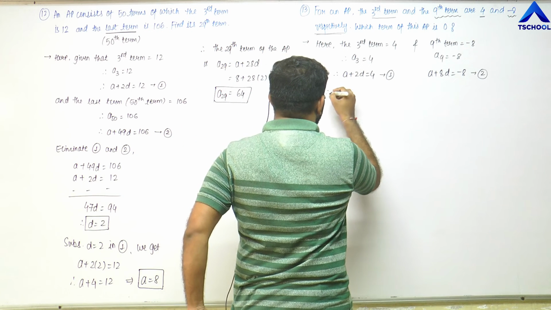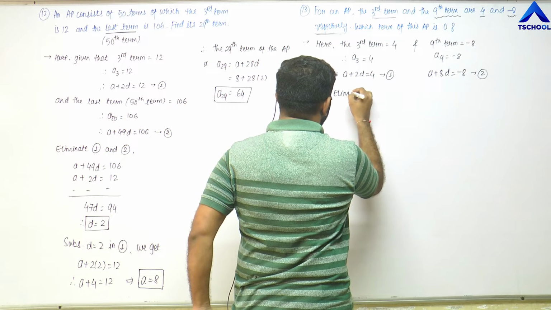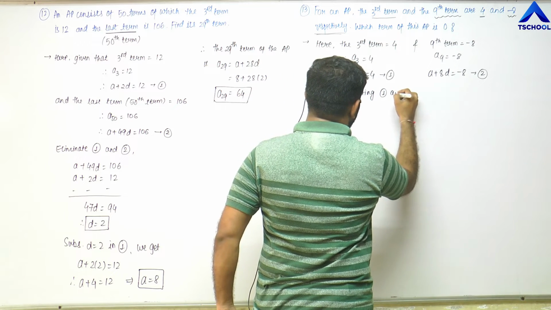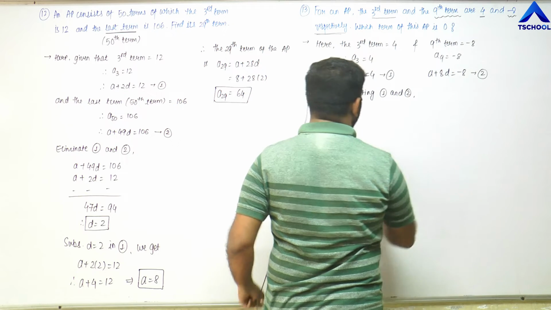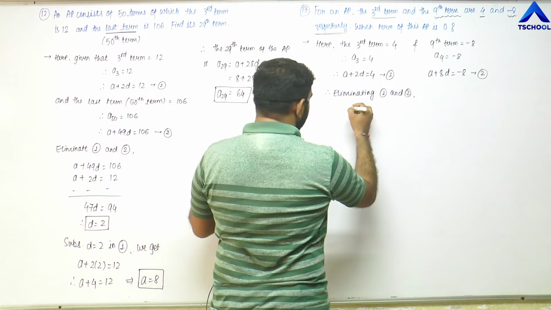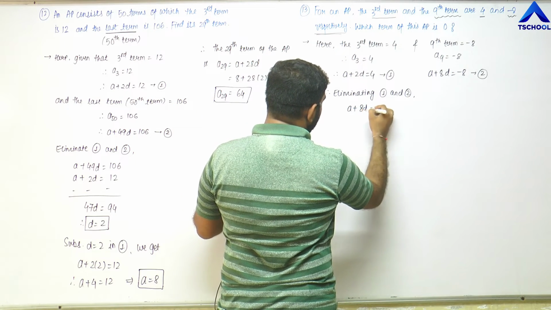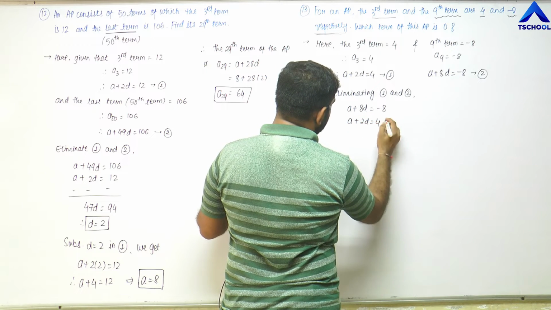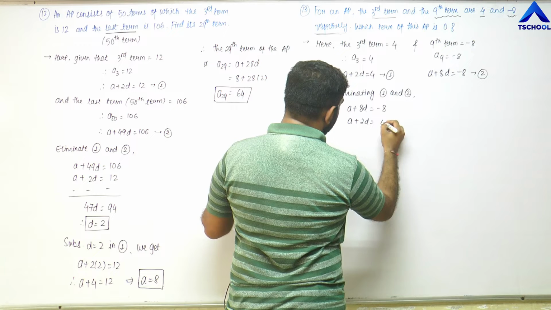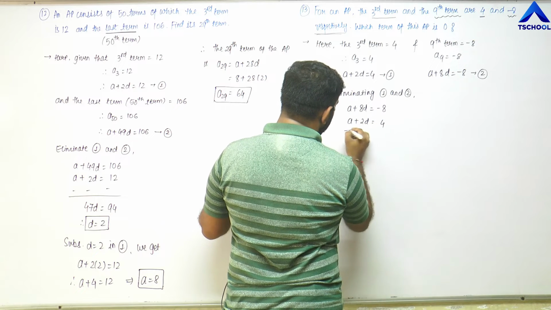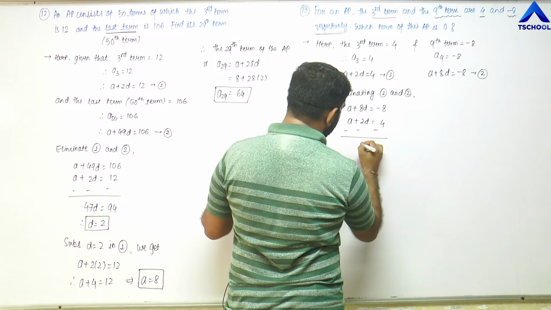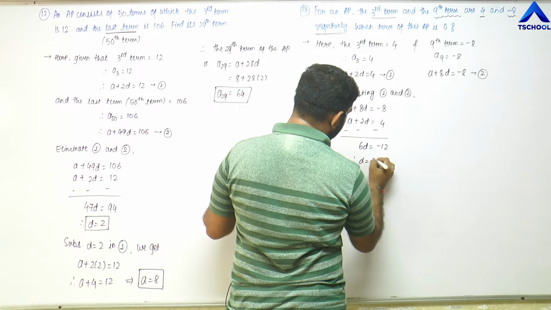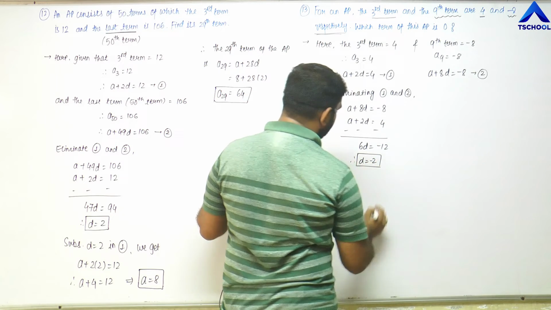Therefore, eliminating 1 and 2, what do we get is A plus 8D equals to -8 and A plus 2D is equal to 4, right? So subtracting them, we shall get 6D equals to -12 and hence D is equals to -2, right?